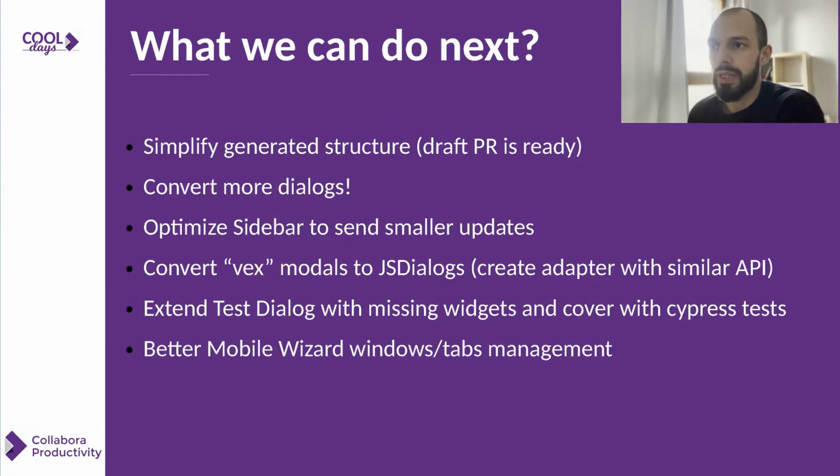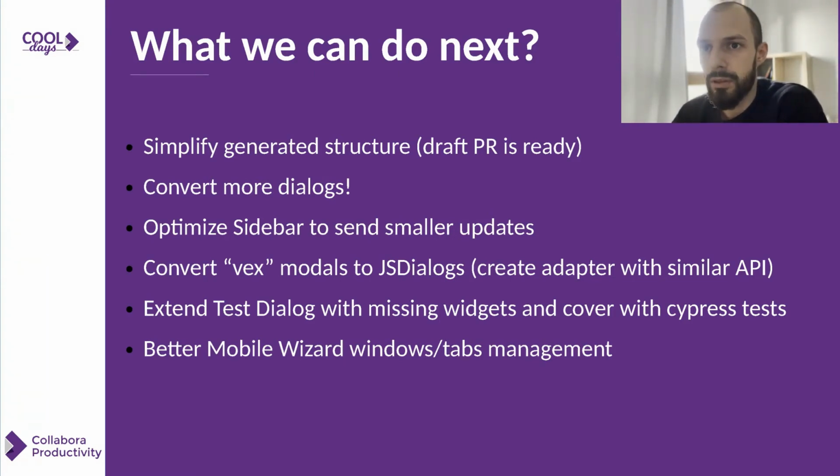And now what we can do next? We still have some small projects we can work on in the area of JSDialogs, like for example simplifying the generated structure. We already have some ideas and a draft PR, so I hope it will be finished soon.